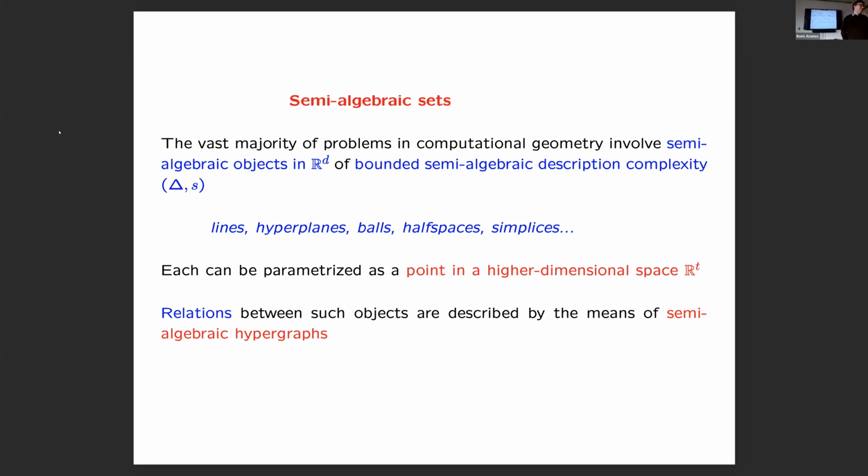For any purpose, it's basically anything except for, say, convex sets or Jordan curves and such. But in general, anything that is nicely shaped, like lines, hyperplanes, balls, half spaces, simplices, whatever, is always semi-algebraic of bounded description complexity.